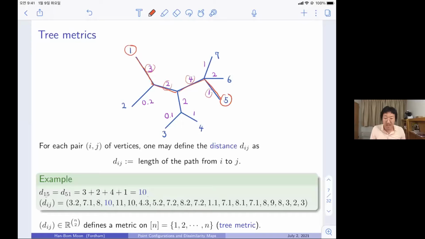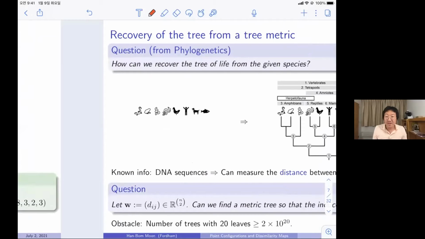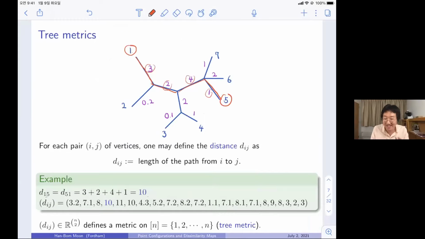Any metric on a finite set which appears in this form is called a tree metric. Long story short, any metric tree induces a tree metric. Is it clear? Is there any question?